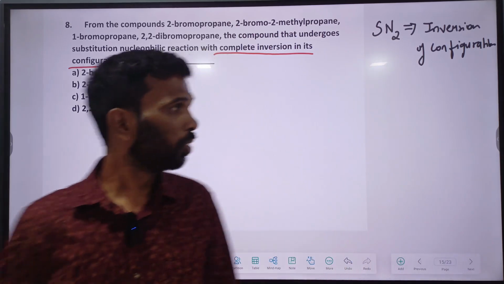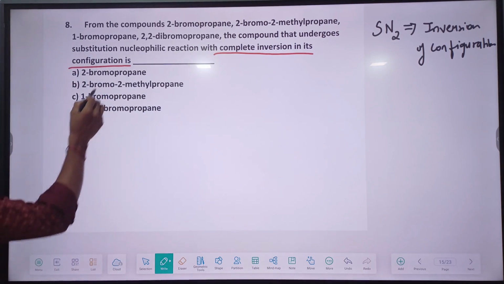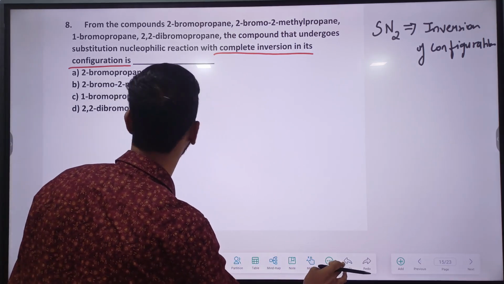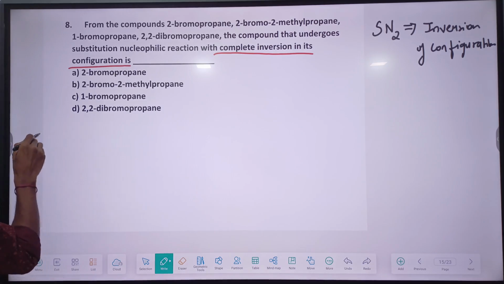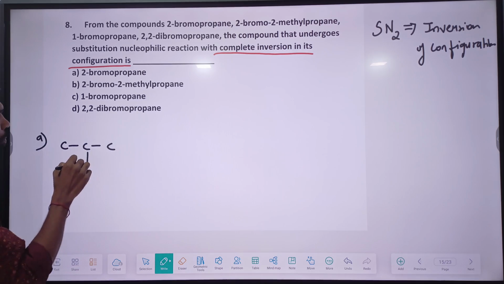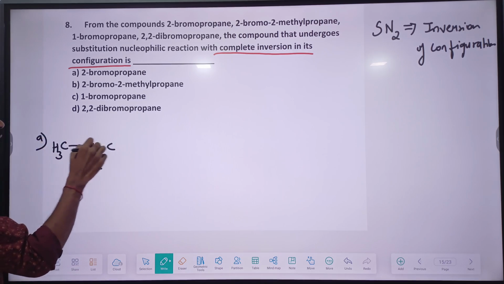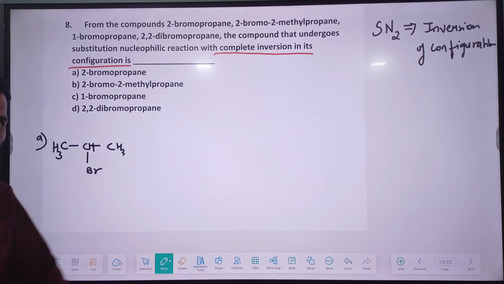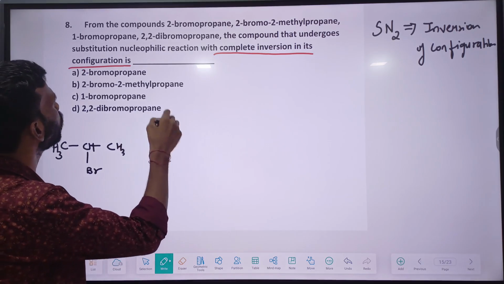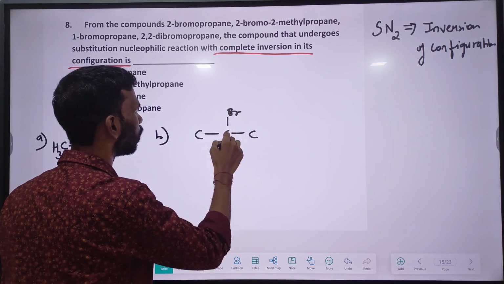Here, 2-bromopropane, we'll write the structure. Propane means 3 carbons on a parent chain. 1, 2, 3, bromo, done. Here I'll put 3 hydrogens, 1 hydrogen, to satisfy the valency. This is A. What is B? 2-bromo-2-methylpropane.